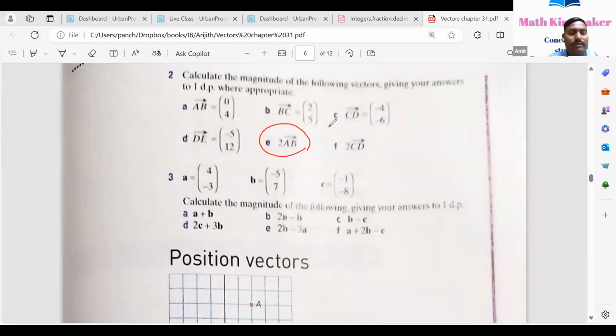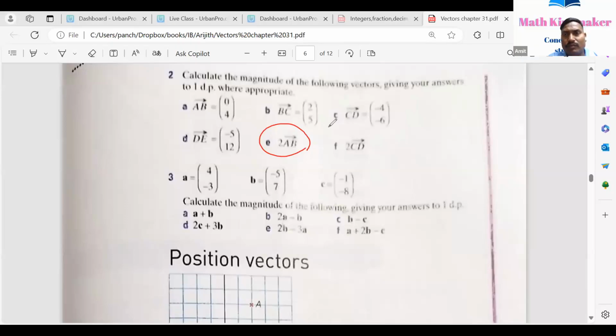Tell me the answer fast. So 2AB means for A and B, it's 16, sir. You have to give square root also. Yes, sir. First I get 16, square root is 4, sir.